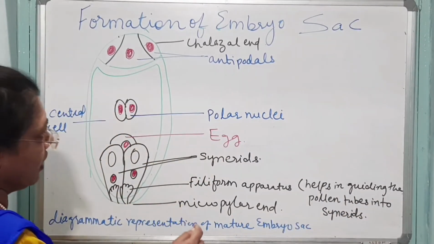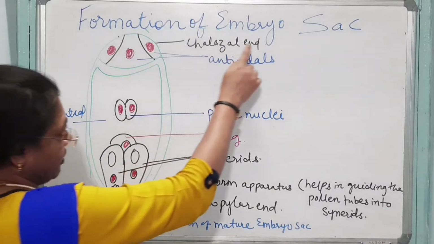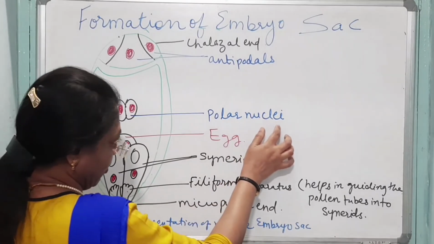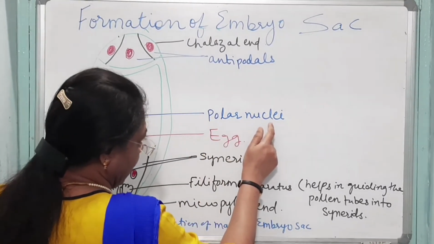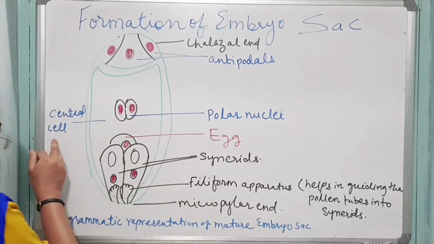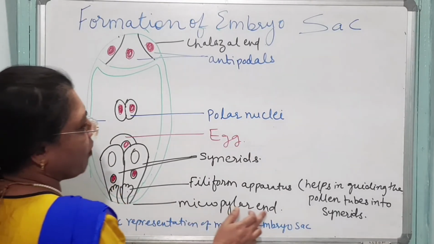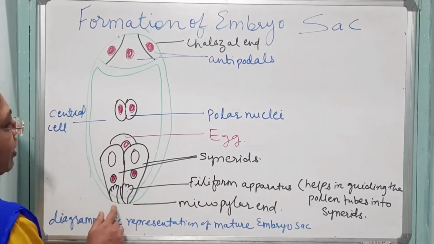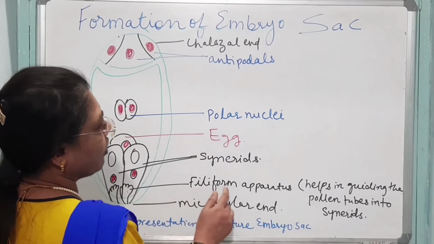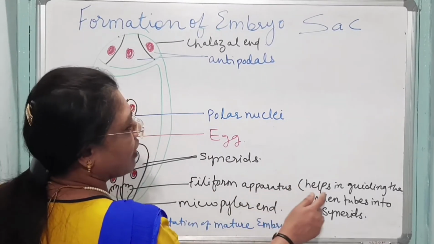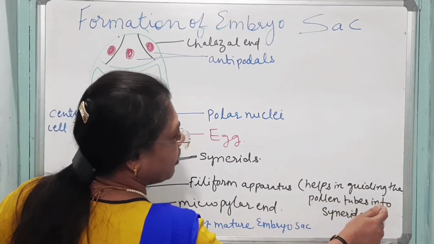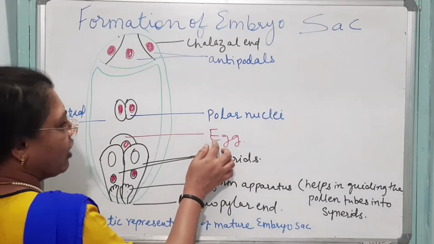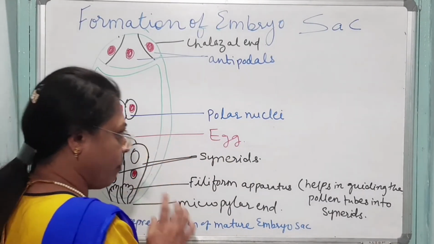Again, at the chalazal end are the antipodals. In the center are the polar nuclei inside the central cell, and at the micropylar end are the synergids, which have a thickening called the filiform apparatus that helps in guiding the pollen tubes into the synergid. And just above the synergids is the egg, inside the egg apparatus.